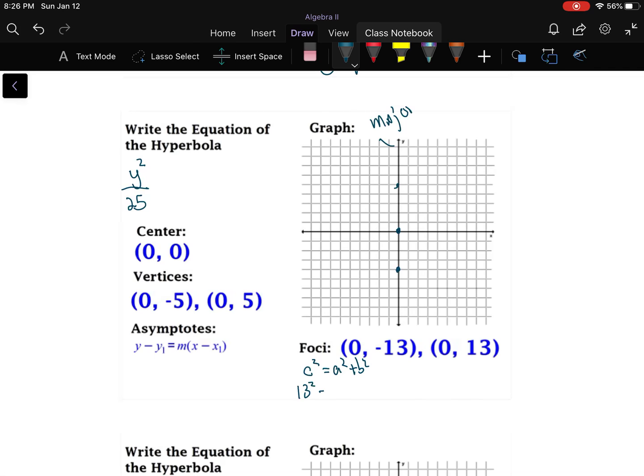So 13 squared is equal to 25 plus b squared. 169 minus 25 is 144. So the square root of that is 12. Or I'm just going to go and square that again. X squared over 144 equals 1. And it's a hyperbola, not an ellipse, so that's got to be a minus.